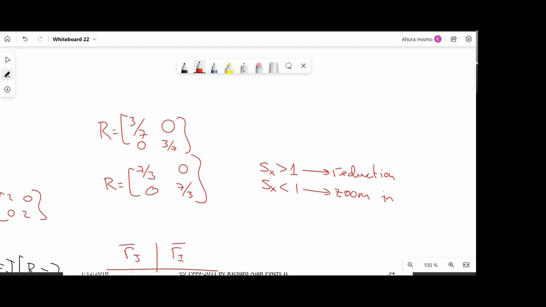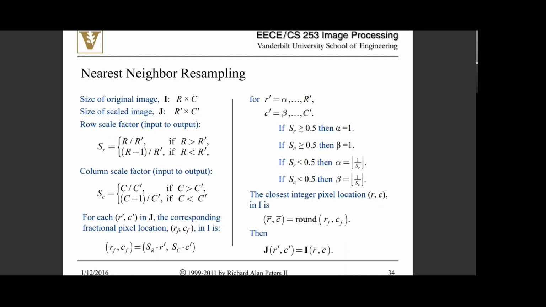This is also called zoom out. Zoom out. And this is a larger body. So this is reduction, this is enlarging, this is zooming. Okay, good. Okay, so that is what we have there.